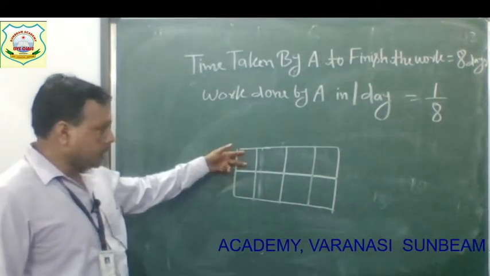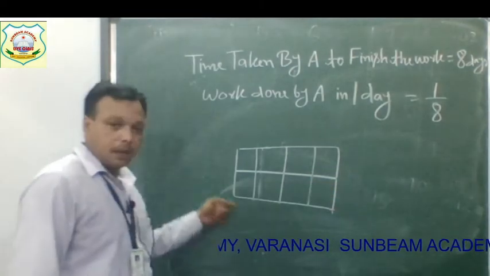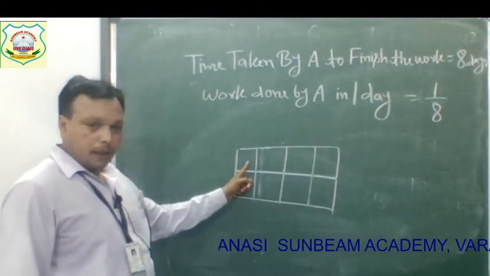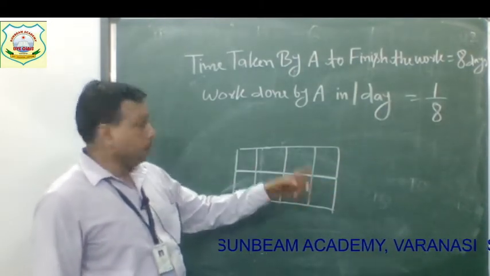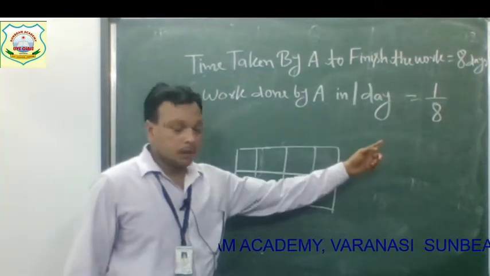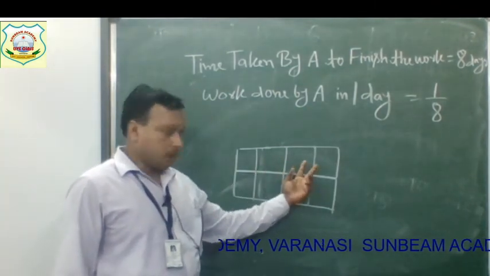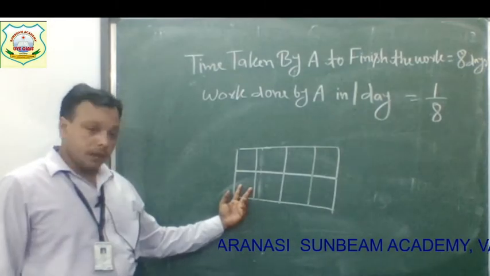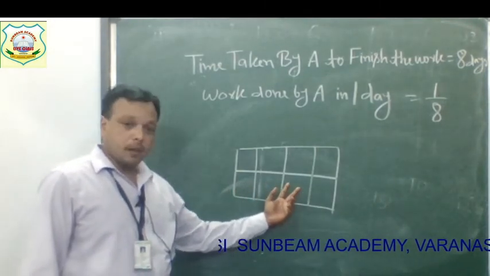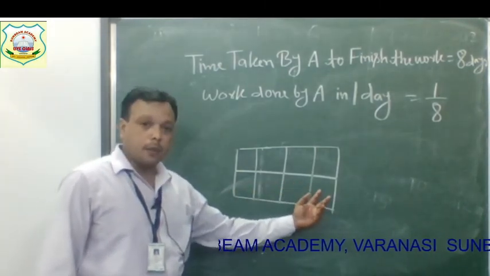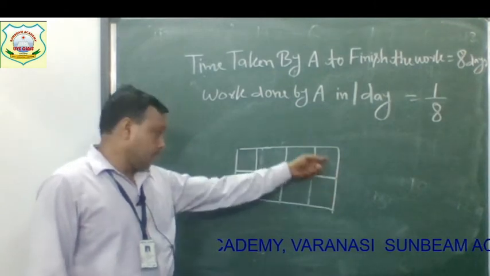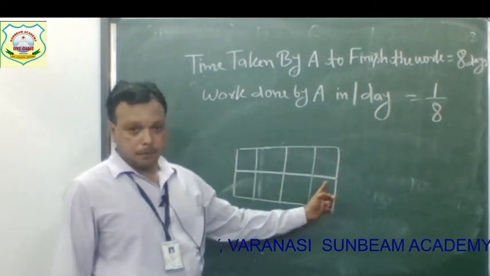In 1 day he has done 1 part out of a total of 8, this is the fraction, 1 upon 8. If we talk about the work done by A in 2 days, it is 2 upon 8, then 3 upon 8, 4 upon 8, 5 upon 8, 6 upon 8, 7 upon 8, then 8 upon 8. It means in 8 days he has completed all the work.